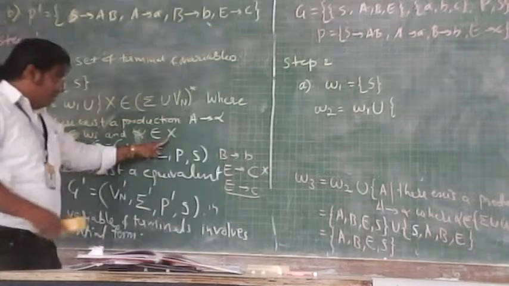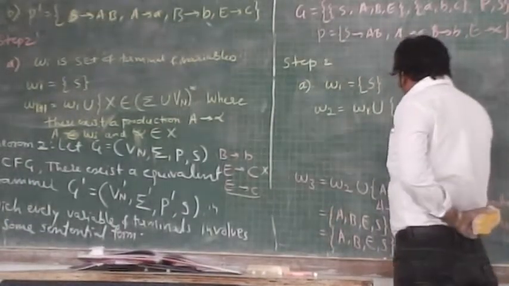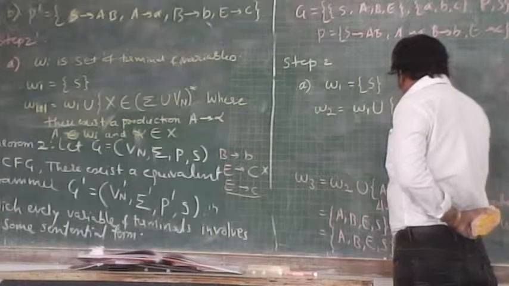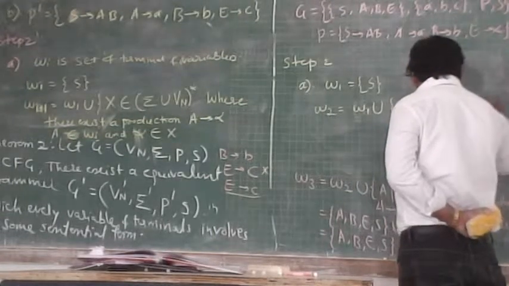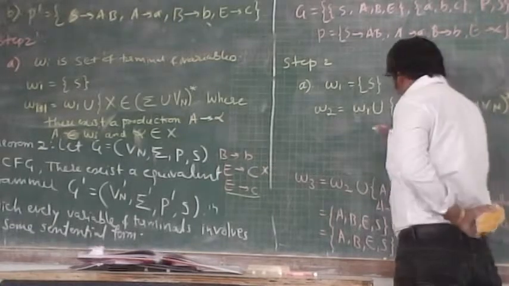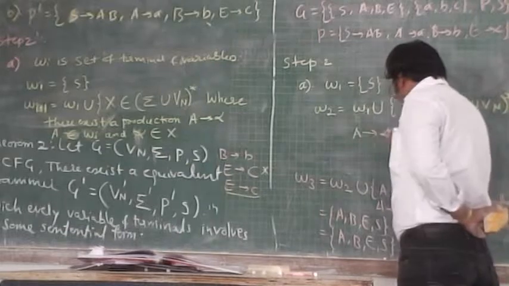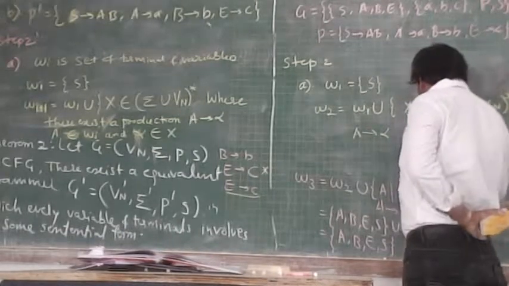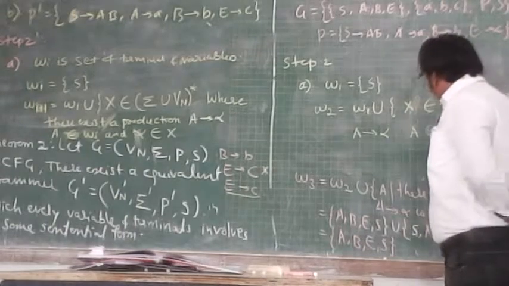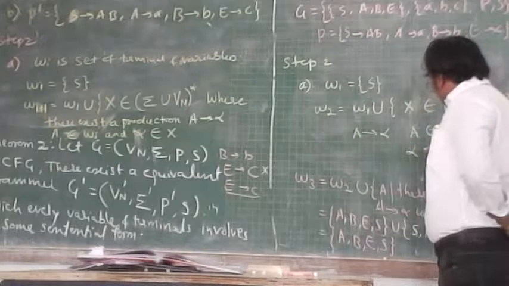It means that if I consider such x, where x belongs to sigma union Vn star, for such a production A implies alpha, here in this case my A belongs to W1, and that W1 is S, and alpha belongs to what?